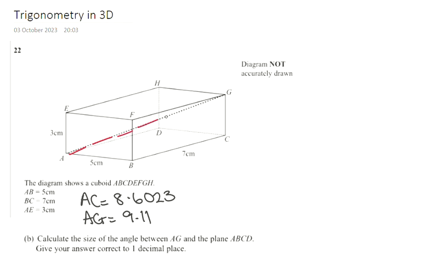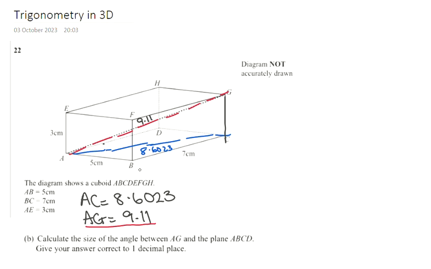So we found this is our AG, which is 9.11, and then AC, we found that line as well, and this was 8.6023, and this forms a triangle here, and we're asked to find the angle between AG and the plane.